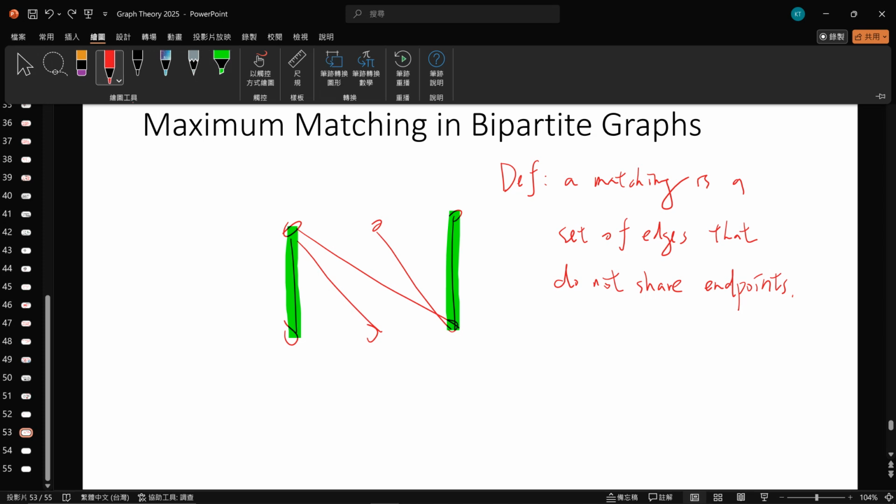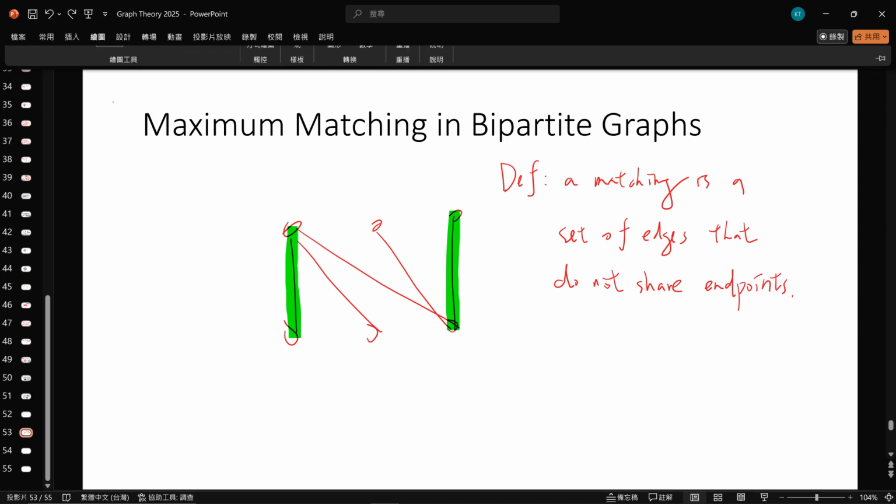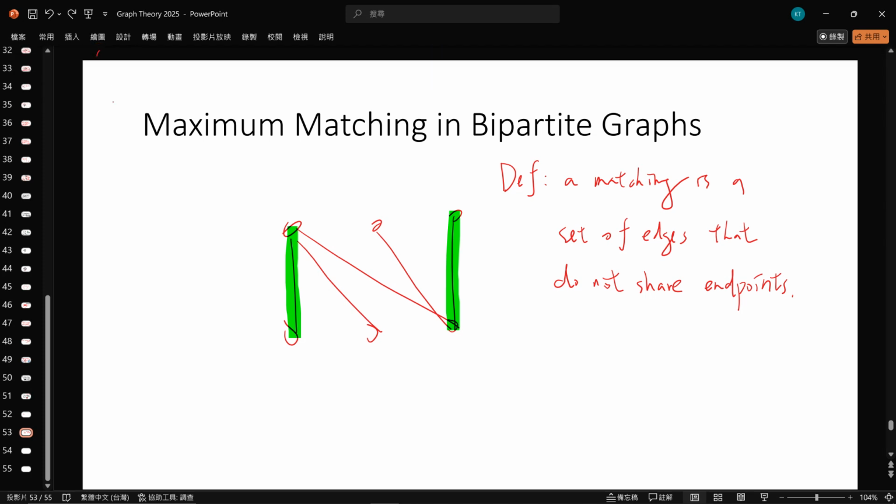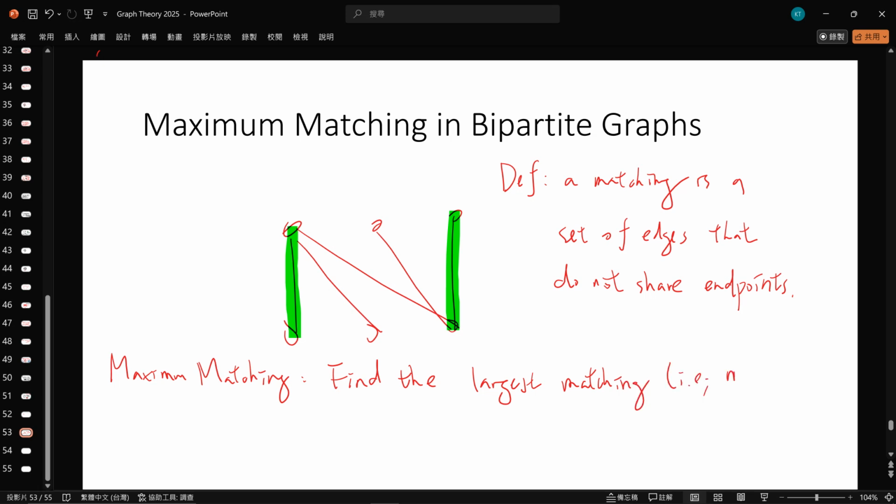And for the maximum matching problem, we just want to find the largest matching. In other words, we want to maximize the number of edges.